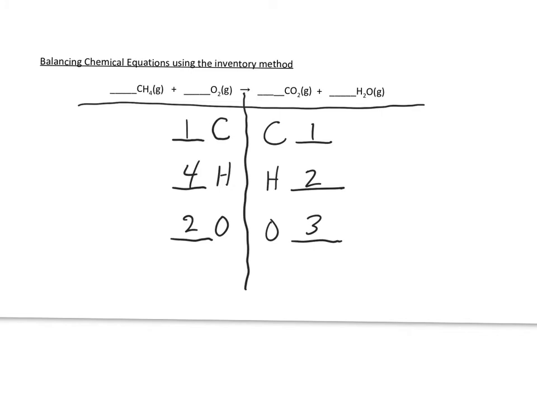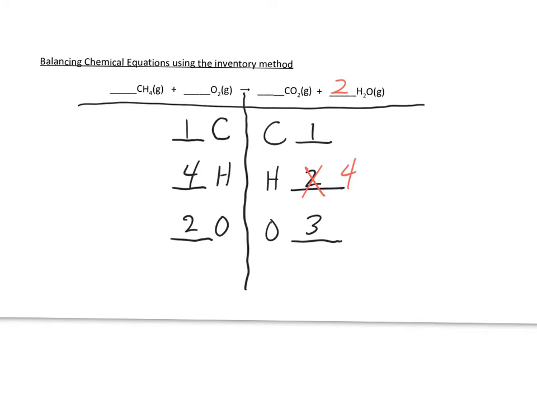All right, so in order to make the hydrogens equal, I need 4 hydrogens on both sides. In order to make that 4 hydrogens possible, I need to add a coefficient of 2 in front of the water. Okay, what that is giving me now are 4 hydrogens. 2 times 2 is 4.